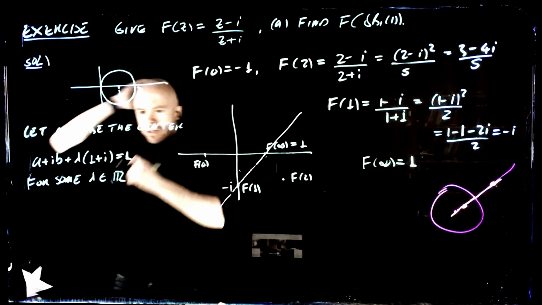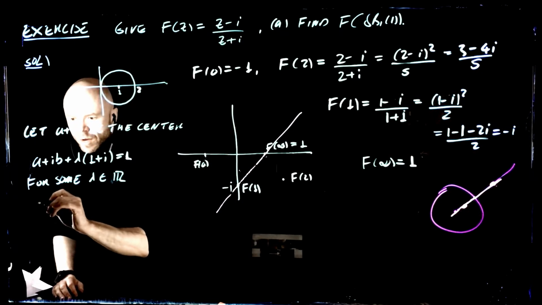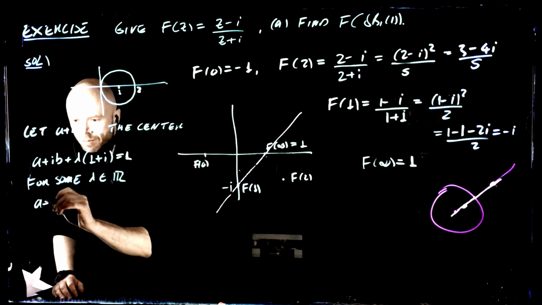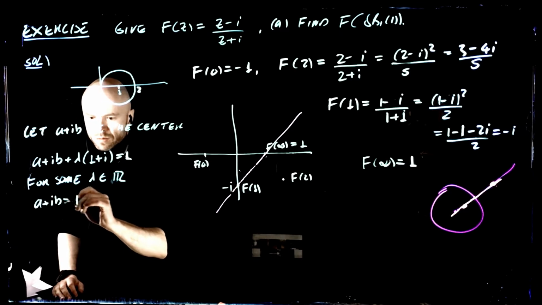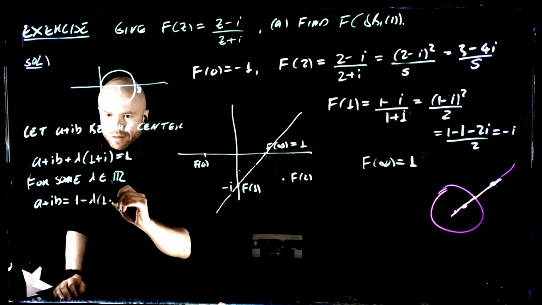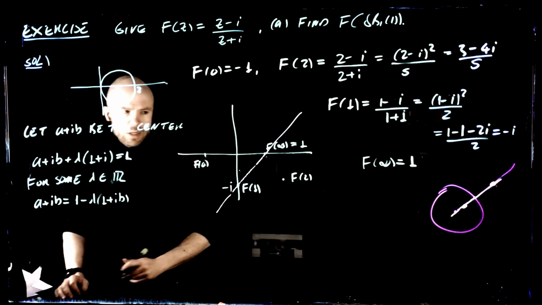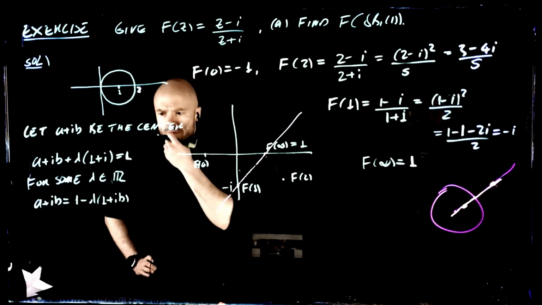So that gives us a way to write A plus IB equals 1 minus lambda times 1 plus I, which gives us one coordinate instead of 2.